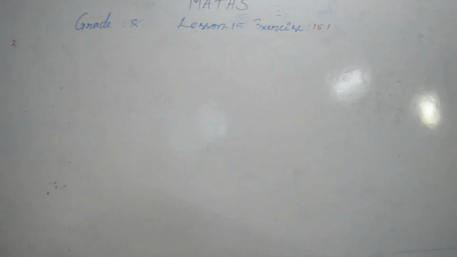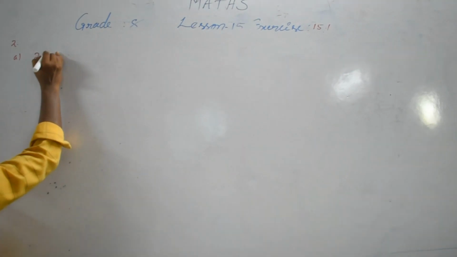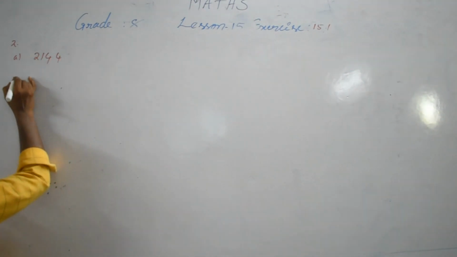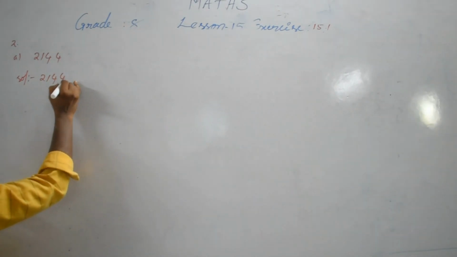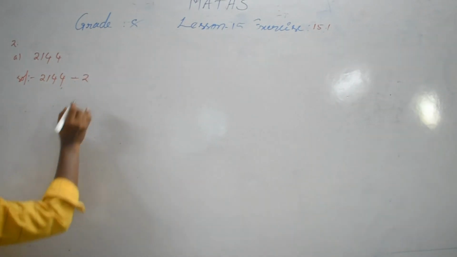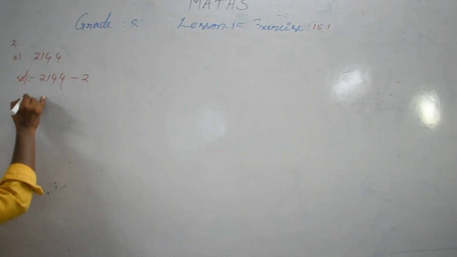Just check the divisibility rule for 2 on the following problems. First one, 2144. 2144 divided by 2, is this divisible or not? Easily said, divisible.